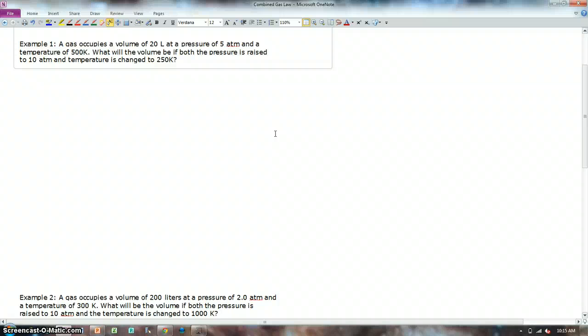In this case, you can recognize that you're given a volume, the pressure, and the temperature. You have a gas that occupies a volume of 20 liters at a pressure of 5 atmospheres and a temperature of 500 K. So my V1 is 20 liters, my P1 is 5 atmospheres, and my T1 is 500 Kelvin.